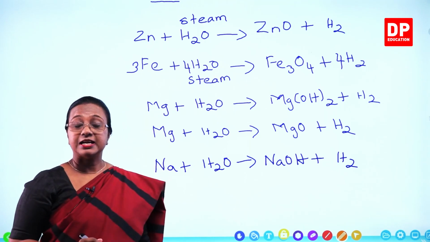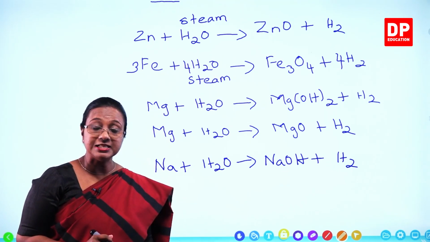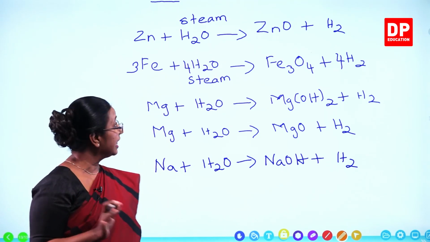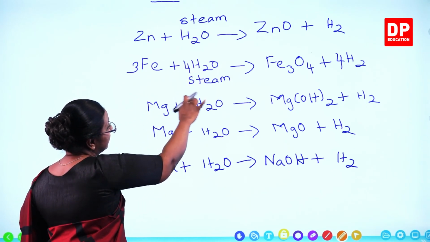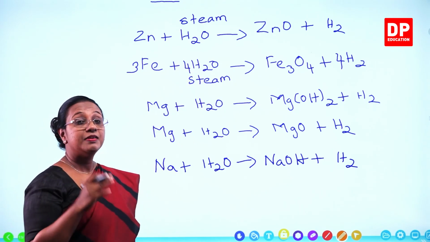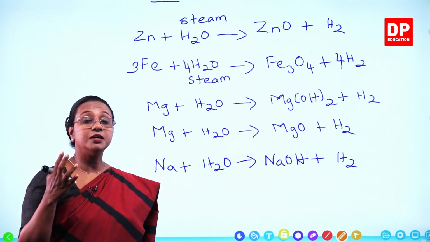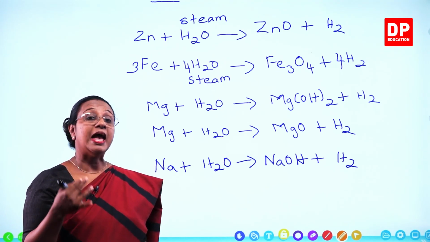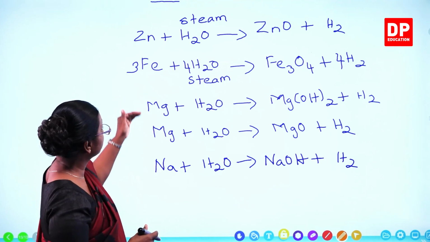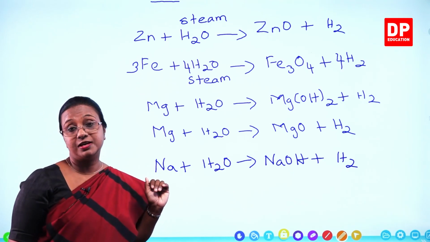So these are reactions that we have already discussed. I am sure you can remember them. You have to remember the different, students. Whether they react with cool water, hot water, steam, and when they react with steam also, how they react differently.